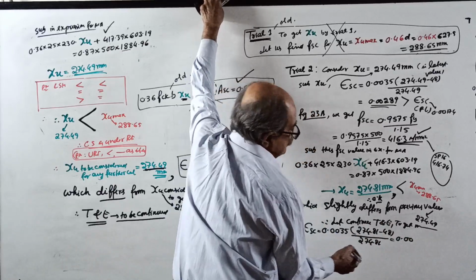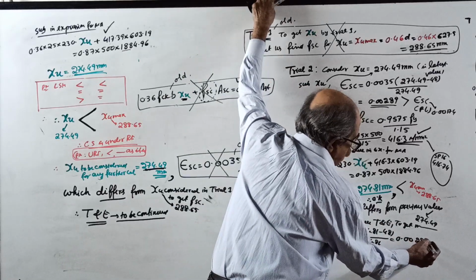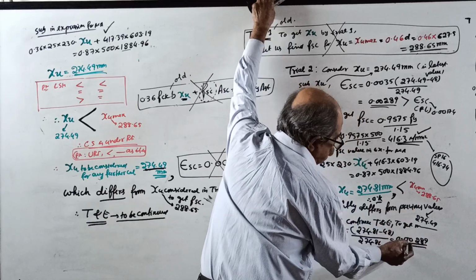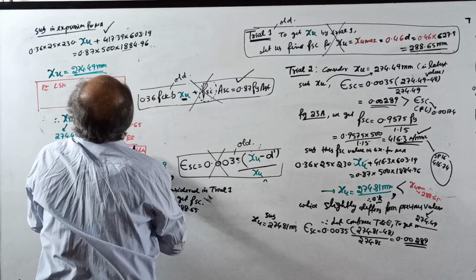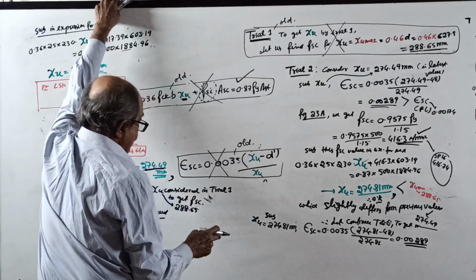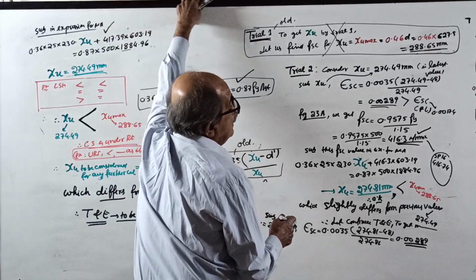It will come 0.00289, third decimal. After 2 zeros, 3 numbers, 289. Now see, you can make a small note here. How much you got? 0.00289.